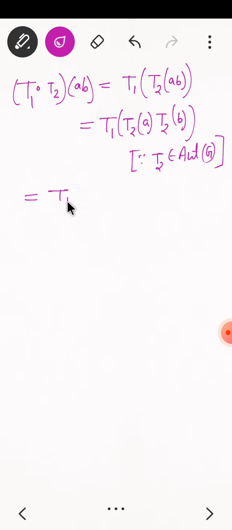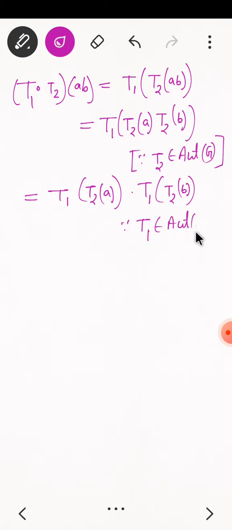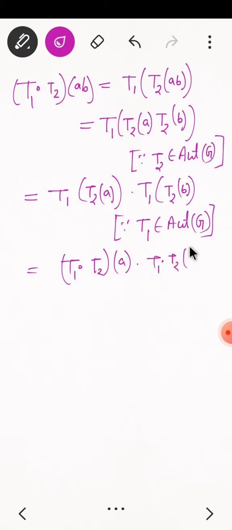This implies T1(T2(a)) and T1(T2(b)), since T1 belongs to Aut(G). So this is equal to (T1∘T2)(a) times (T1∘T2)(b). So (T1∘T2)(ab) is equal to (T1∘T2)(a) times (T1∘T2)(b). So T1∘T2 belongs to Aut(G). We call this 1.